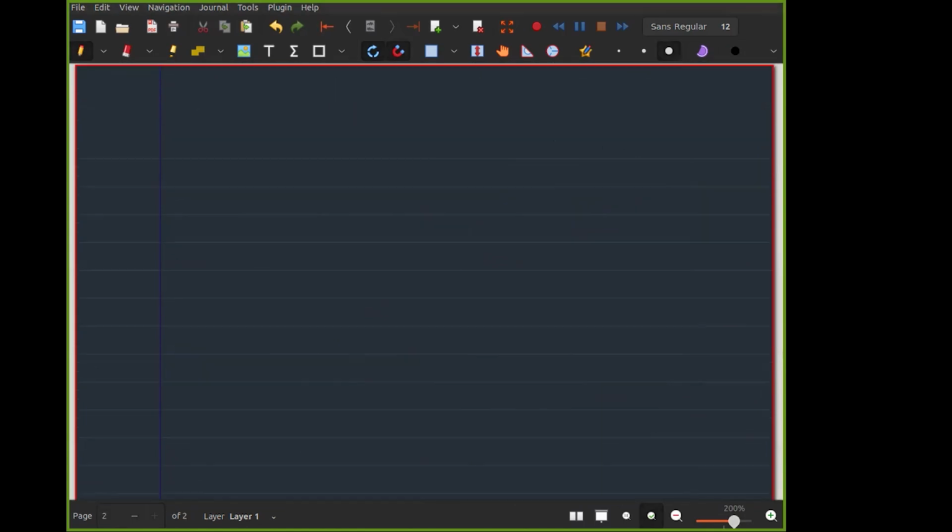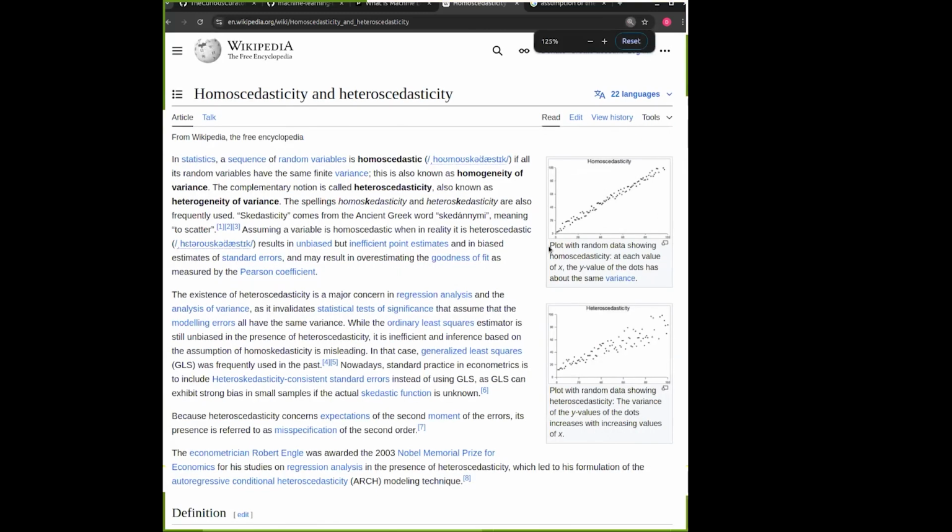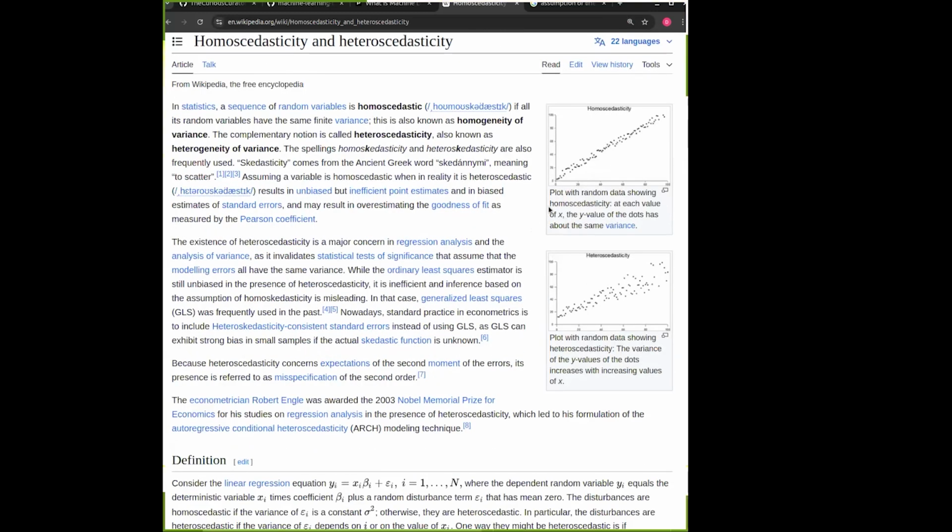Okay, before we continue, I'll just show you. This is what I wanted to show you. What is an example of homoscedasticity? You can see here that for all the data points, whatever my x value is, the spread is in a narrow band. So that's how I can say that the variance is the same everywhere.